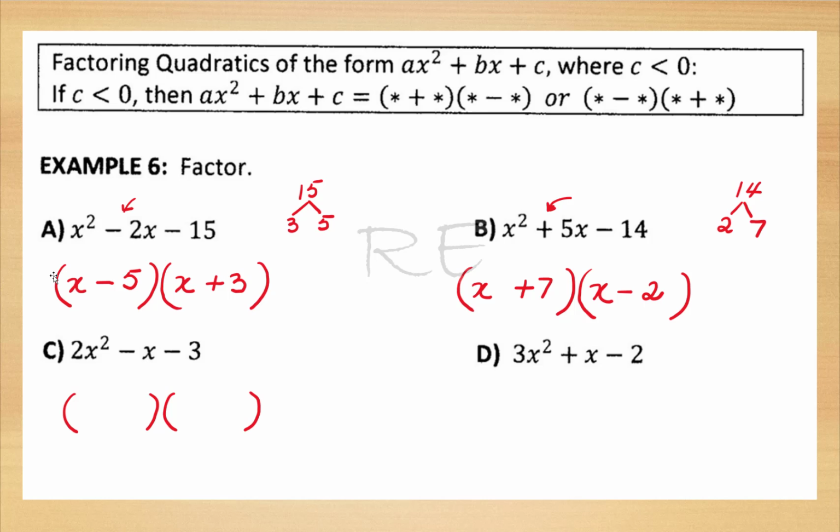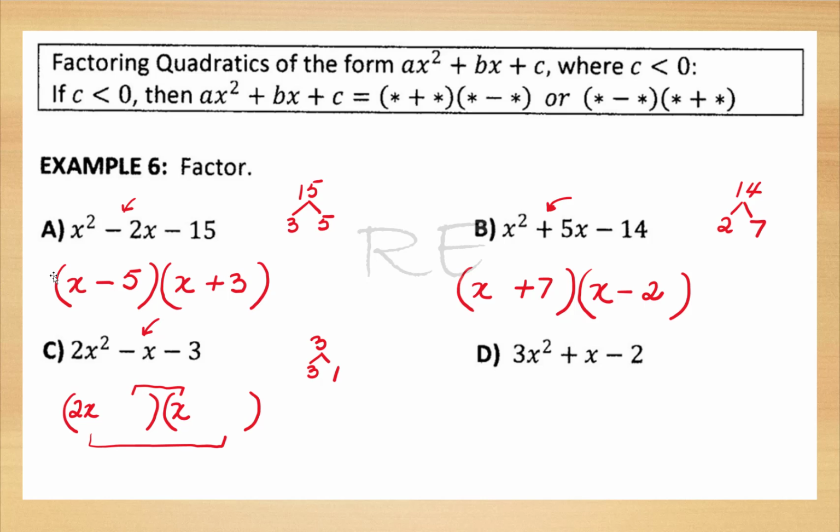The product is negative 3. Therefore, the signs are opposite. 2x squared is 2x times x. And 3 is just 3 and 1 because it's prime. We need a negative 1. So 3 is going to be associated with x, and it's going to be negative, and 1 will be associated with 2x.